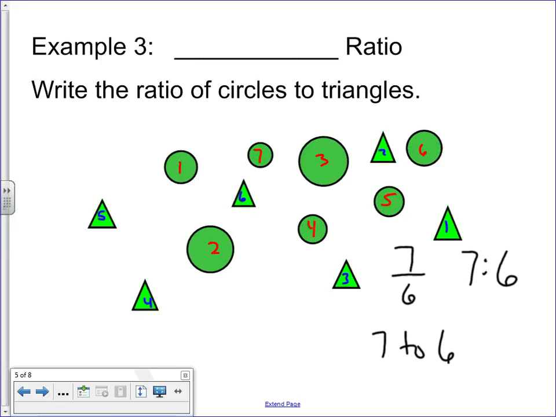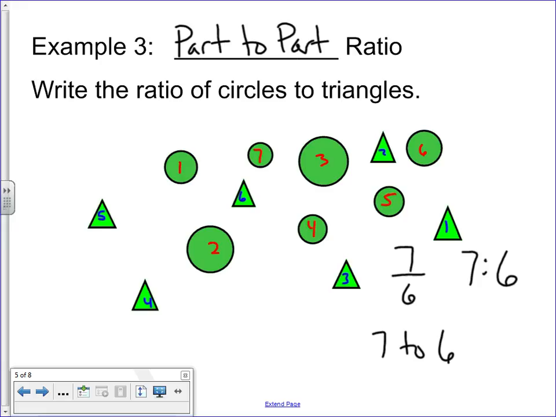Therefore, this is a part-to-part ratio because they're two separate things. And they're not all together. Like the last one we had where there was types of fruit. Well, apples can be fruit, but circles can't be triangles. So that's a part-to-part ratio.